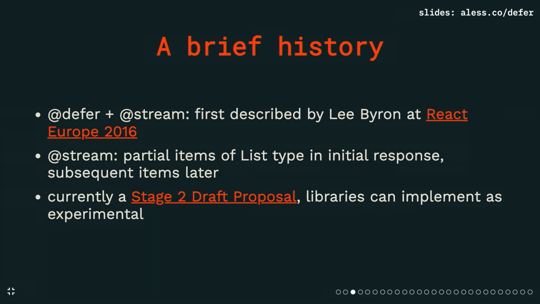And that's really exciting because, well, for one, it's the final stage before full adoption into the spec. And it's also a way of signaling to library authors and maintainers that we can implement support as experimental so that all of you can start using it and providing some feedback and really making sure that the implementation is solid before it lands in the spec.